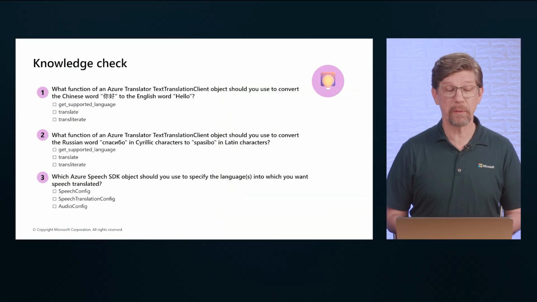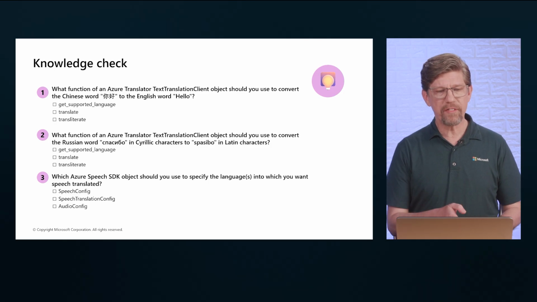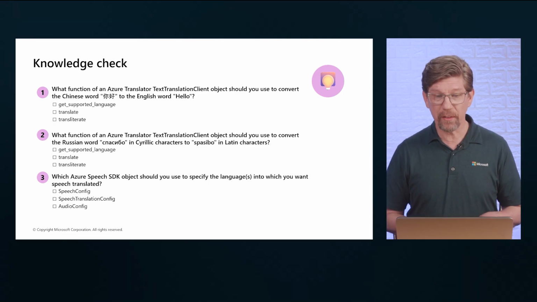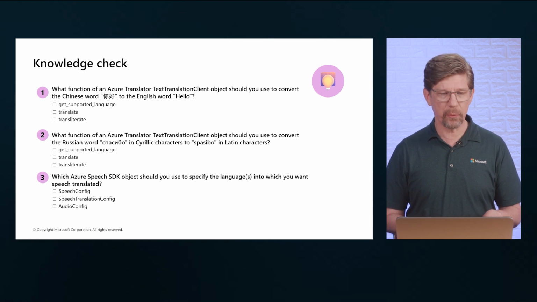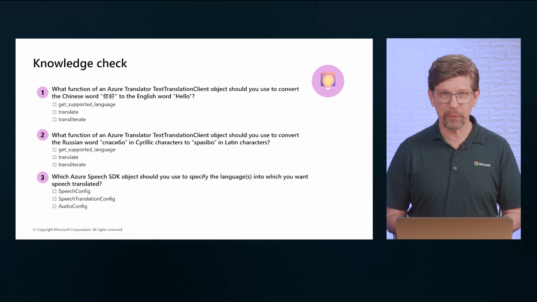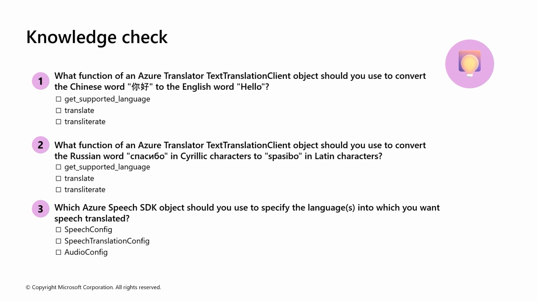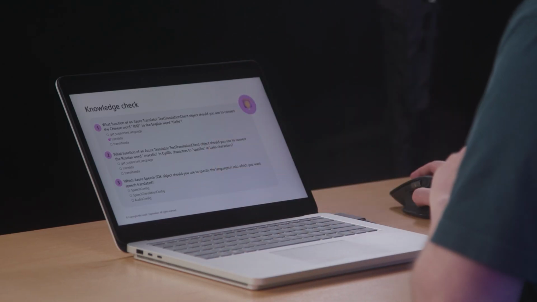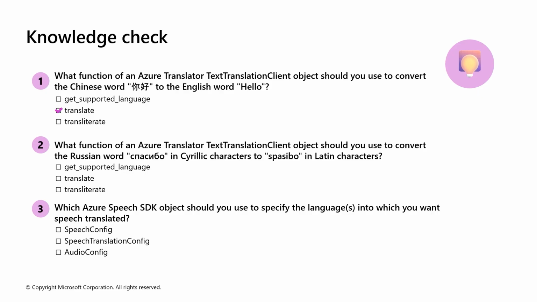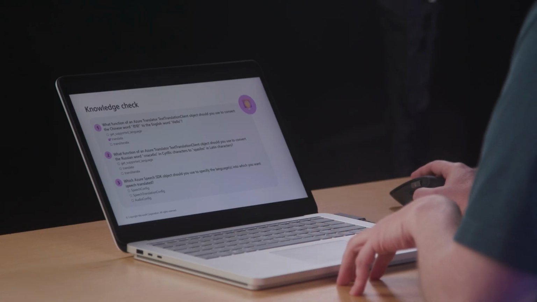So let's take a look at what we remember here. What function of an Azure Translator text translation client object should you use to convert the Chinese word to the English word hello? Continuing with that thought, what function of an Azure Translator text translation client object should we use if we wanted to convert the Russian word into Cyrillic characters?